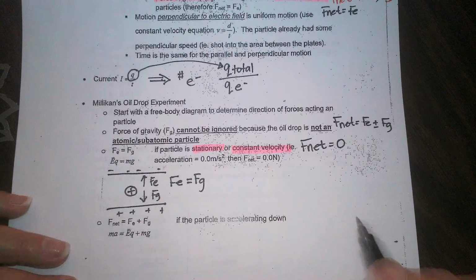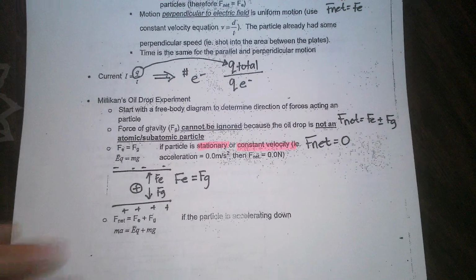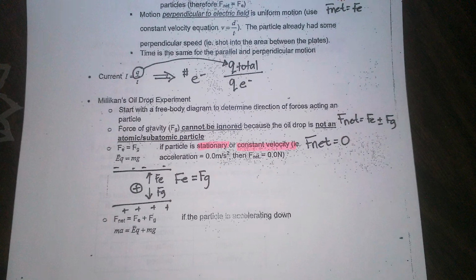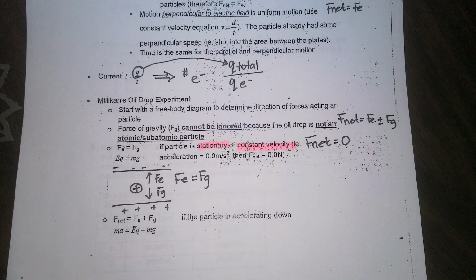Back in Physics 20 when I asked you, is this object going through the floor or levitating? It wasn't. It was on the ground. Force net was 0.